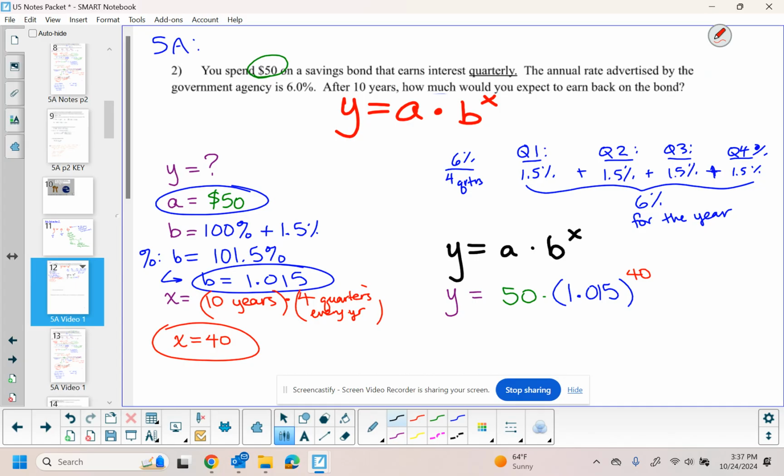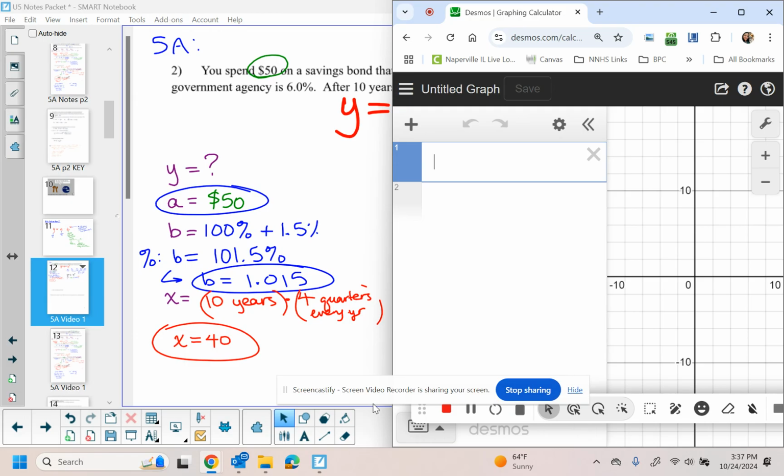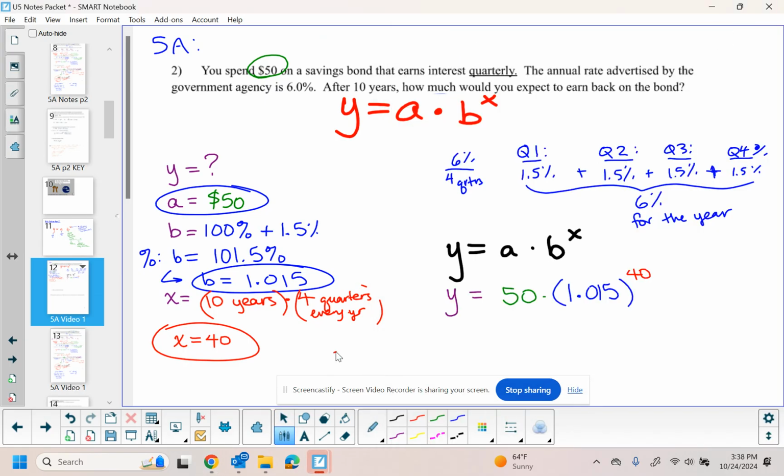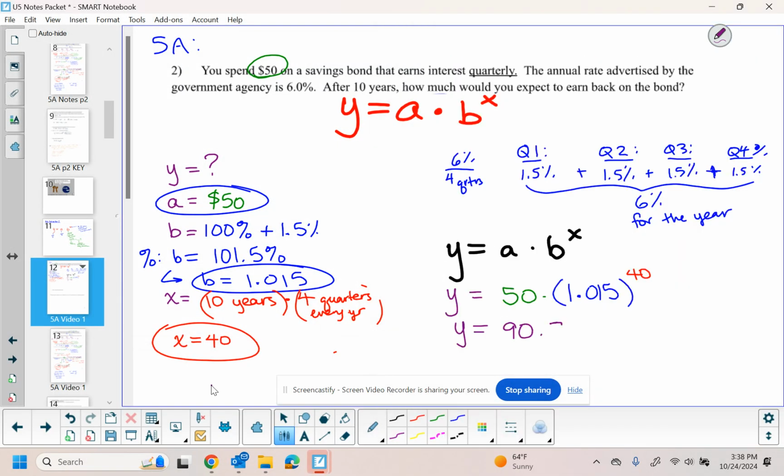So I'll just put that into Desmos. I'm going to pull up Desmos. I have 50 times 1.015 raised to the 40. And that tells me 90.7009, etc. And this is an amount of money.